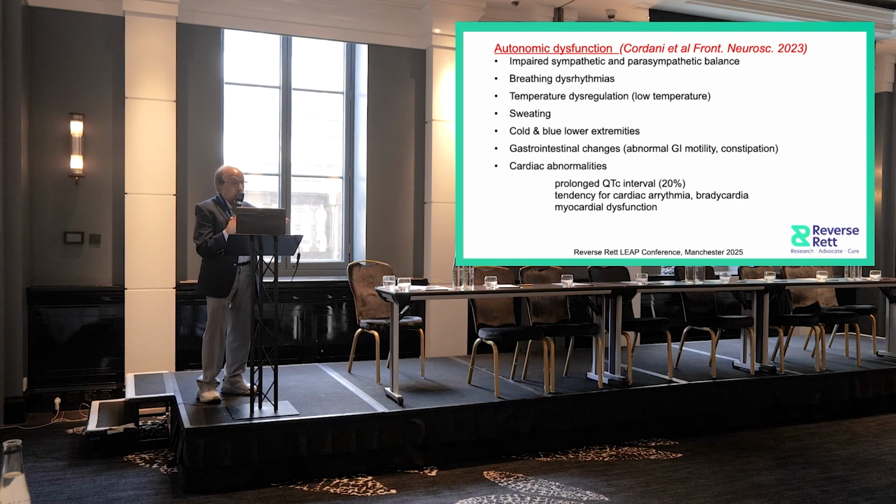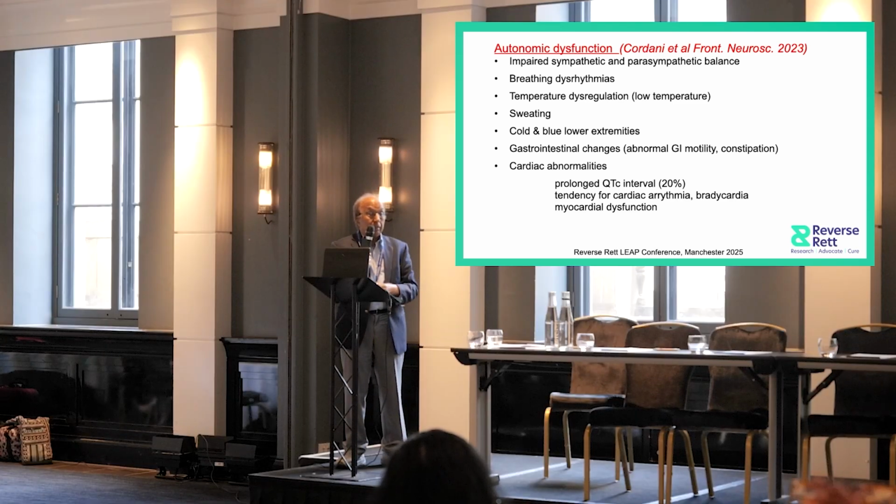The breathing abnormalities, dysrhythmias, the rhythm of the breathing may be abnormal. Temperature dysregulation, we talked about the low temperature in this patient population, and that was a very important point. I don't remember the speaker's name yesterday, but make sure that you know what is normal for your patient.